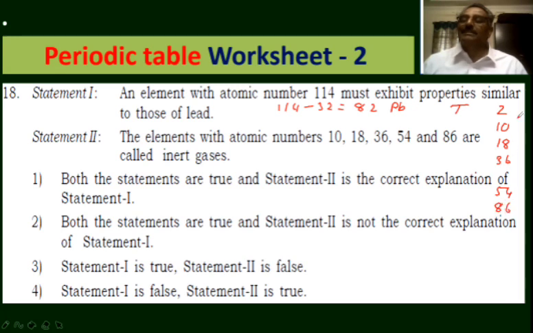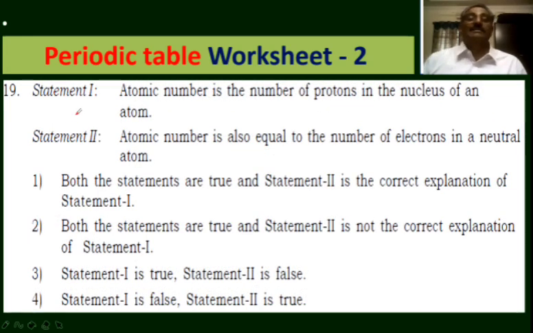So these are the atomic numbers of inert gases: helium, neon, argon, krypton, xenon and radon. All these belong to this group. 8, 18, 36, 54 and 86 are the atomic numbers of inert gases. This is also true. Both are true, but the second one is not the correct explanation of the first one. So the second option is the right option here.